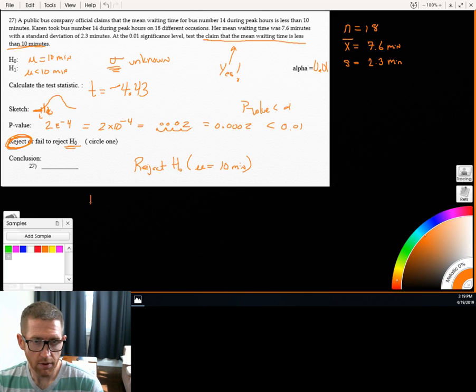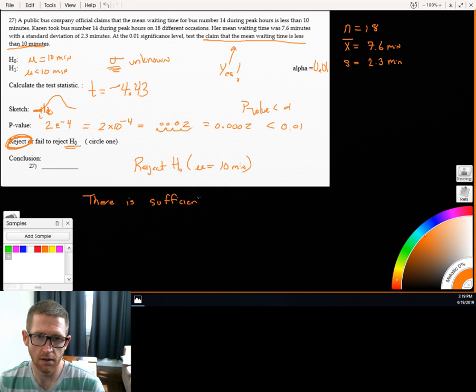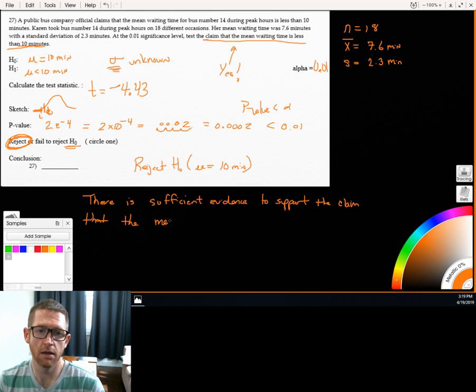So we would say there is statistically sufficient evidence to support the claim that the mean wait time for bus 14 is less than 10 minutes.